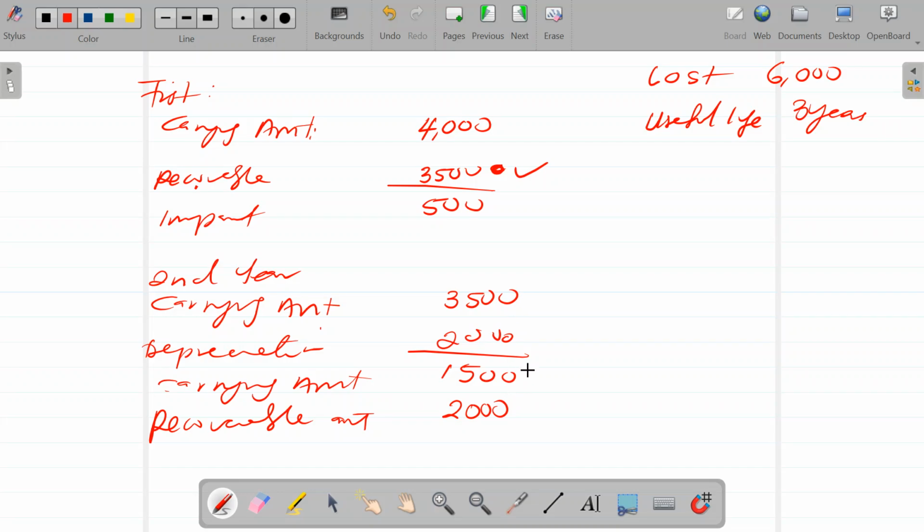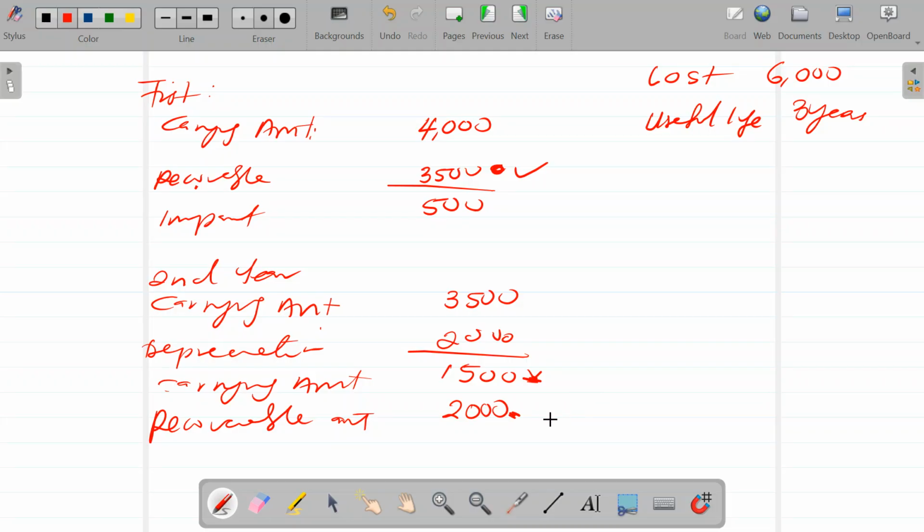All right. Now you can see that the recoverable amount is more than the current amount. The current amount is now less than the recoverable amount.